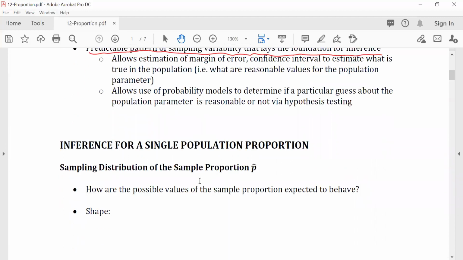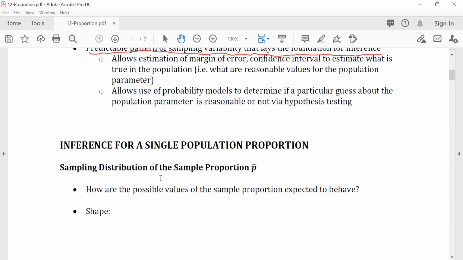So let's talk about it. What is the sampling distribution of sample proportion? That is, if you collect a sample from the population and you calculate its proportion, then you go ahead to collect another sample and calculate a second proportion.